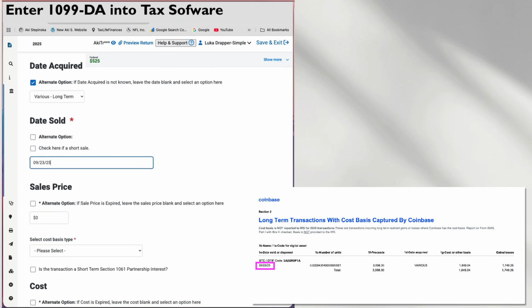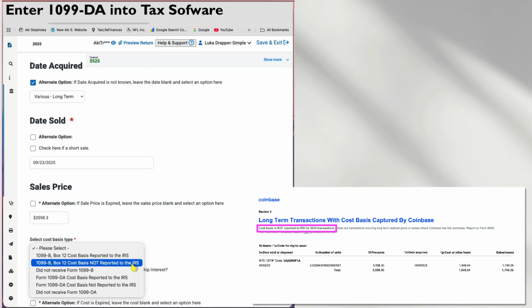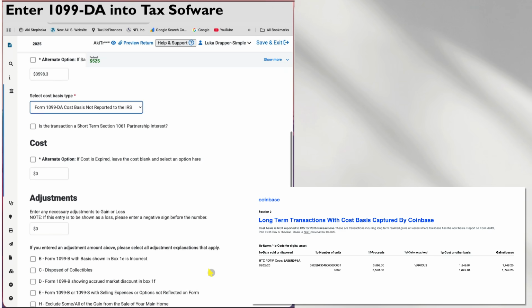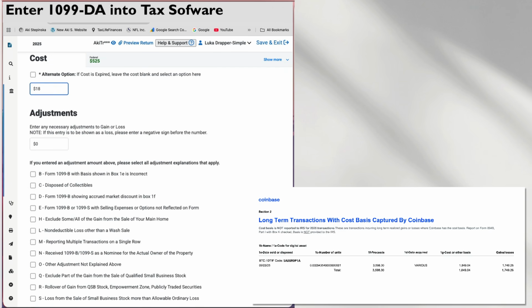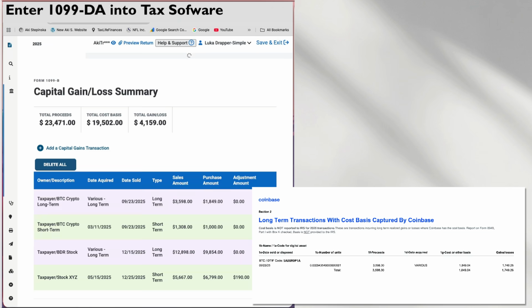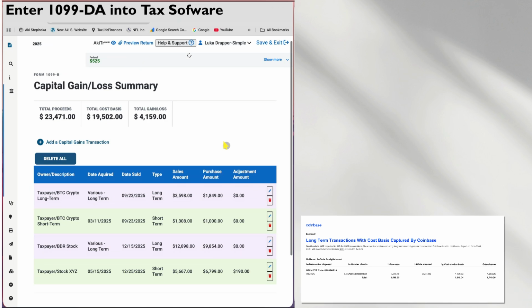Next, you will need to provide the sell date and proceeds from box 1F and indicate that the cost basis on the 1099-DA was not reported to the IRS. After entering everything, your tax software may show a summary of all transactions.